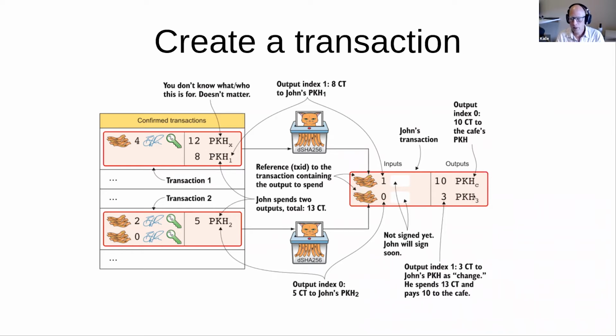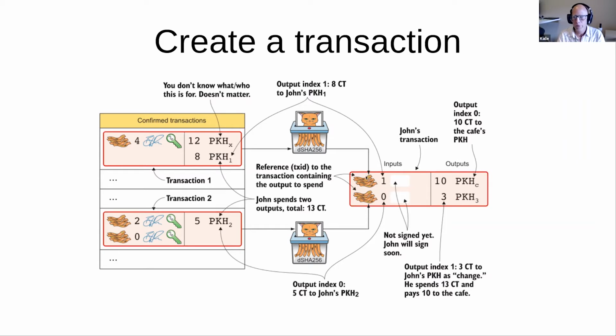If we look closely at this transaction, you can see that it has a left side and a right side. The left side of John's transaction contains inputs, and the right side contains outputs.